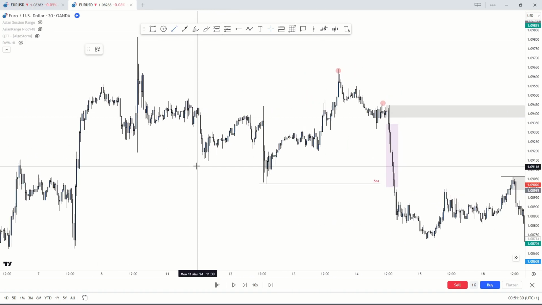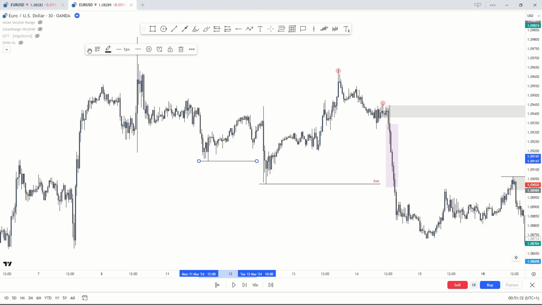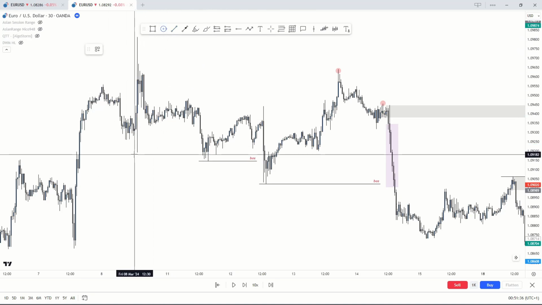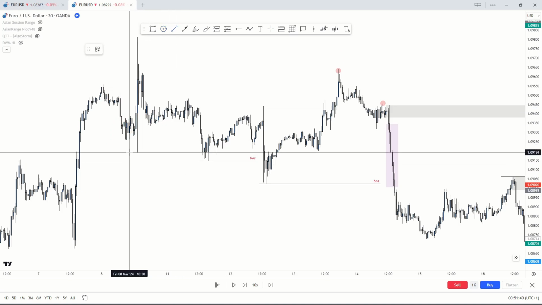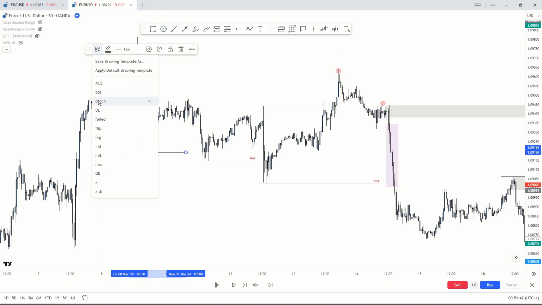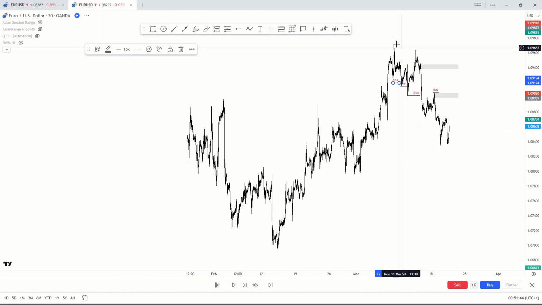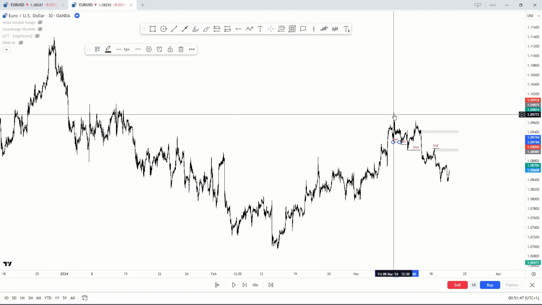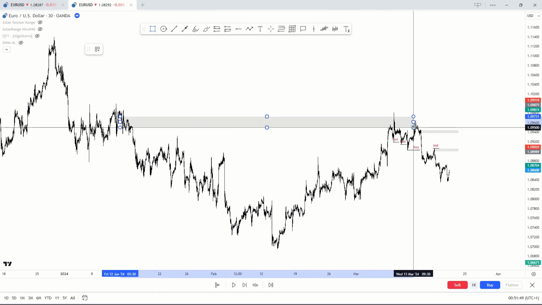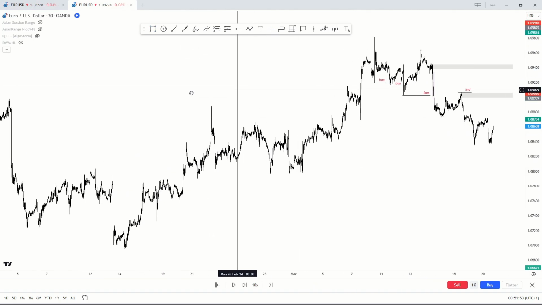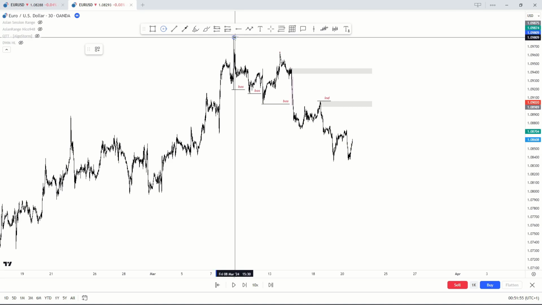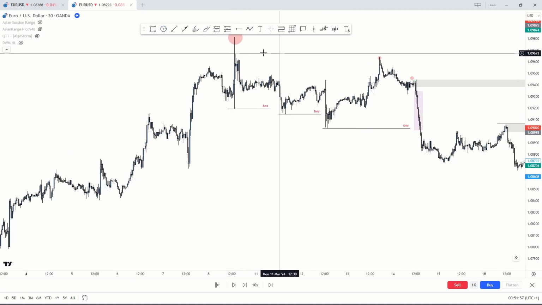So we have a considerable amount of break of structures, and we have a considerable amount of mitigations. And I'm pretty sure this wick is also mitigating a previous zone all the way back here as well. So that is even more confluence right there, as this becomes our third consecutive mitigation, right?